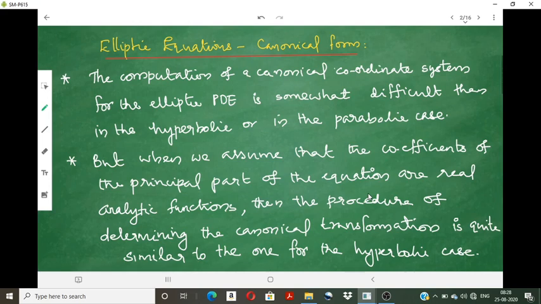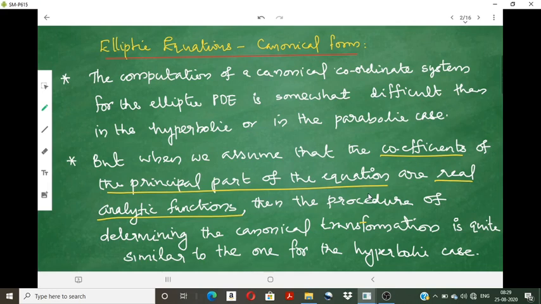So when we assume that the coefficients of the principal part of the equation are real analytic functions, then the procedure for finding the canonical form of elliptic equations becomes easier, and can be determined as in the case of hyperbolic equations. So first of all, we have to define what real analytic functions are.